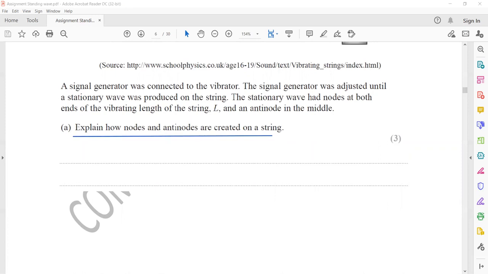So what happened? The two waves traveling in opposite directions interfere with each other.